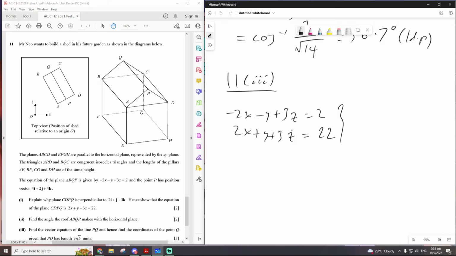You will get z equals to 4. And you have 2x plus y equals 10, right? Which implies that y is 10 minus 2x.